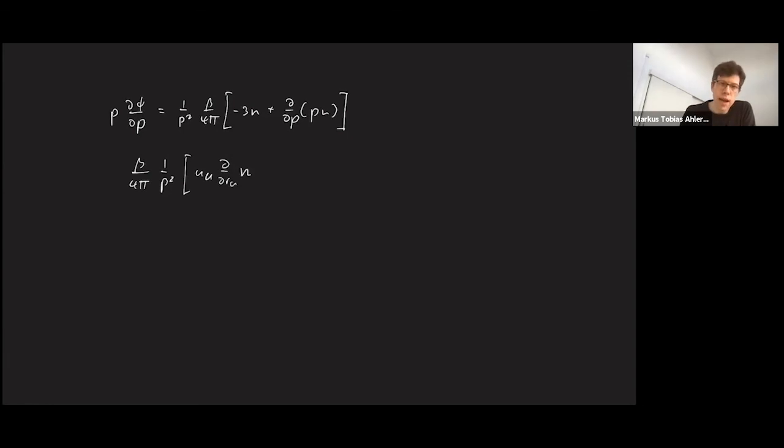So this is simply replacing phi by n using the definition of n. And then I have these two terms which are coming from the above equation, which I can write as the gradient of u times n minus 1/3 of the divergence of u. Sorry, I always say gradient, it's the divergence of u. And then I have here the momentum derivative of p n. And these two expressions in front can simply be written as the total divergence of u times n.